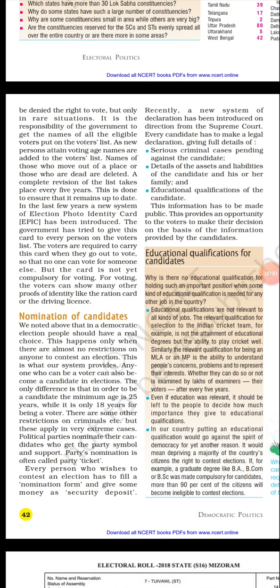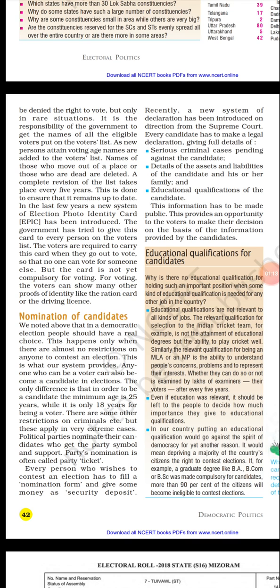Okay. So, since India is a democratic country, every individual above the age of 18 years is eligible to vote. Similarly, the person who is eligible to vote is also eligible to contest an election.